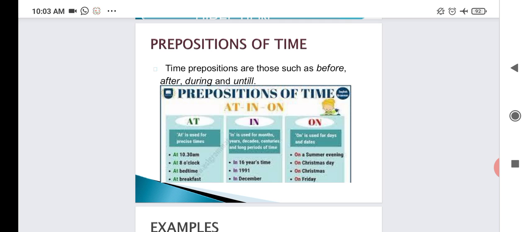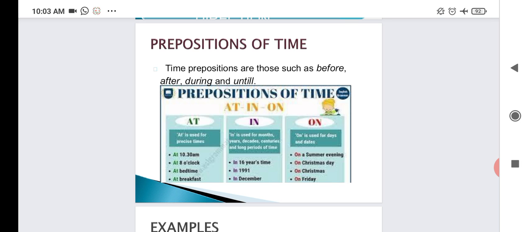On is used for days and dates. My birthday, for example, is on 19th June. On, specifically. So here it is written like on a summer evening, on Christmas Day, on Christmas, on Friday.